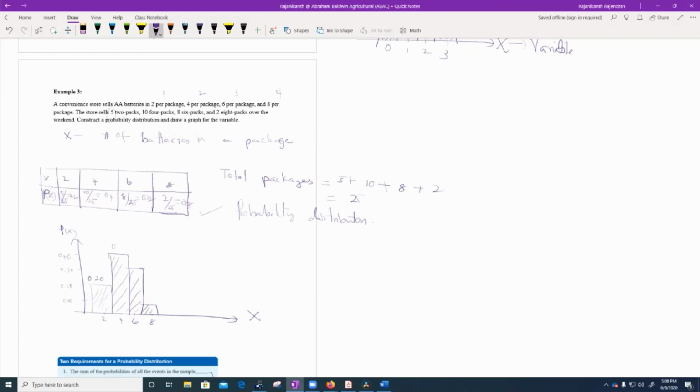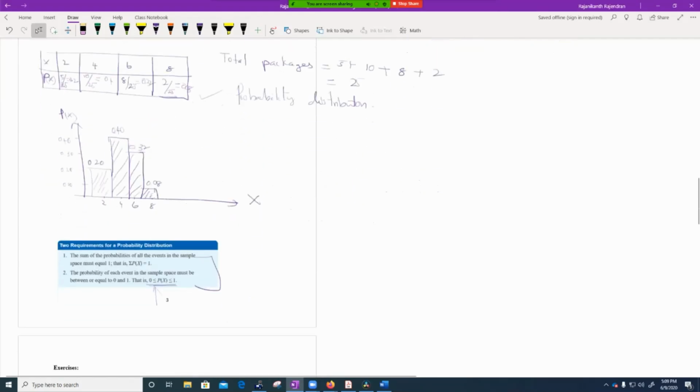Then 0.40, and this is 0.32, and the last one is 0.08, just below 0.1, right? So this is the way to draw the graph of the probability distribution.